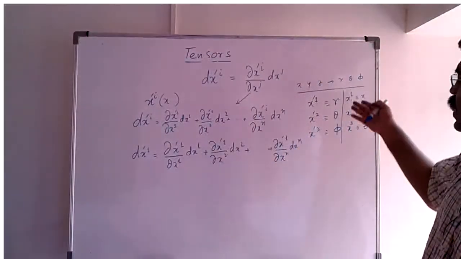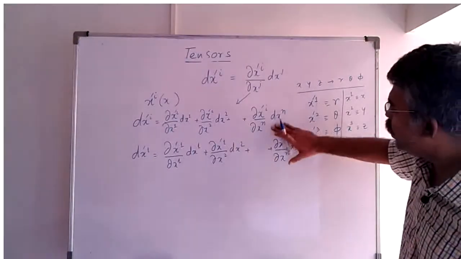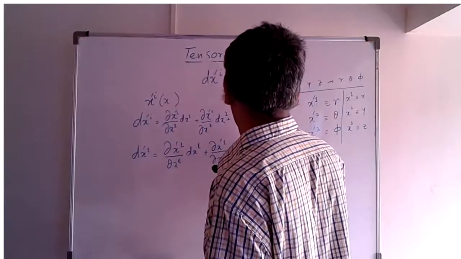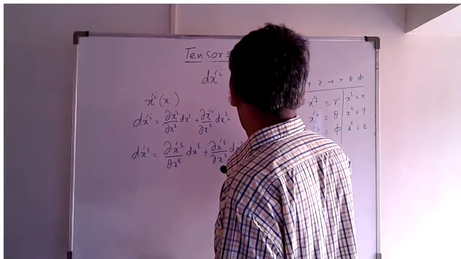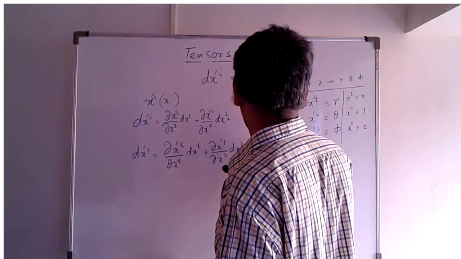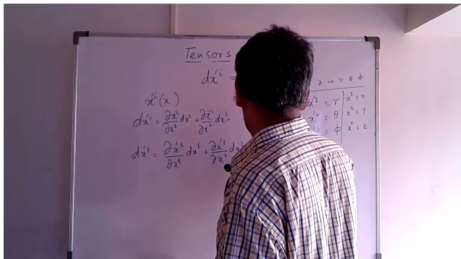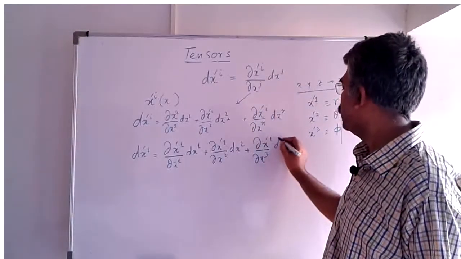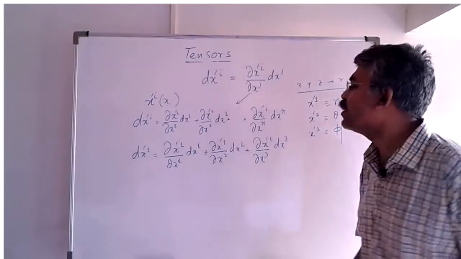In our case, you will be restricted to del x prime 1 del x3 dx3.